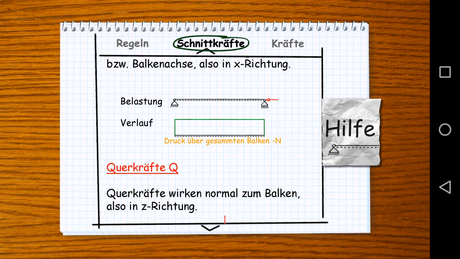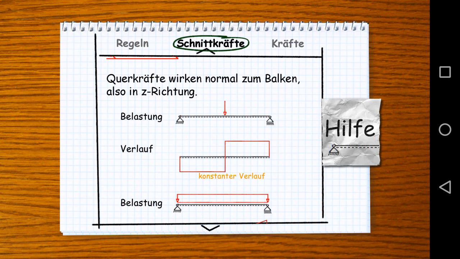So the positive side is below. When a function is positive, we're going to have a graph on the lower side, and when a function is negative, we're going to have a graph on the upper side. In this case, you see that the green graph for the normal force, the constant value, is above. So it's a negative value as expected because the bar we have there is compressed.